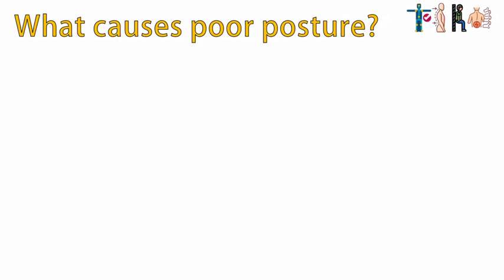So what causes poor posture? Problems with posture can be caused by conditions that weaken one or more of the structures that support the body. These structures include your neck. So again, if we have a poor posture, it will affect some of our body parts.